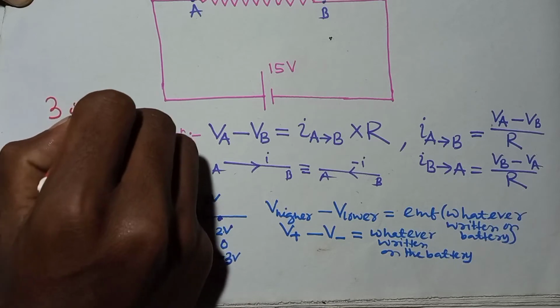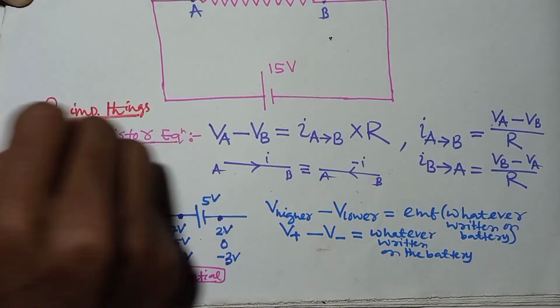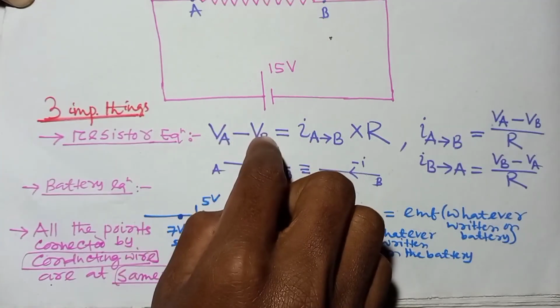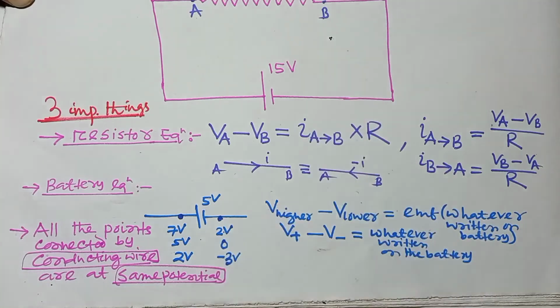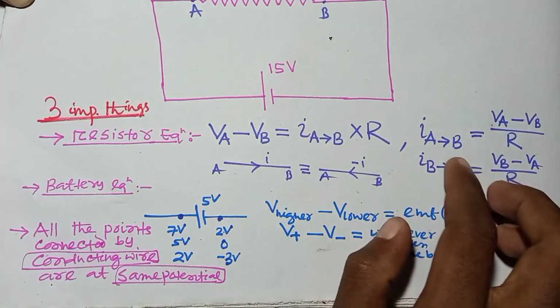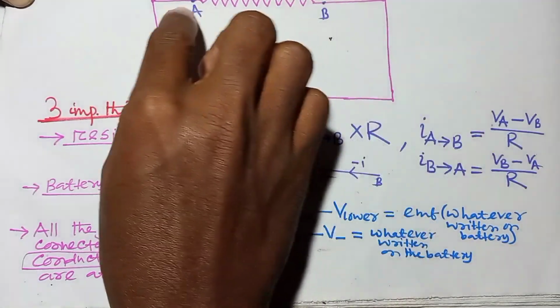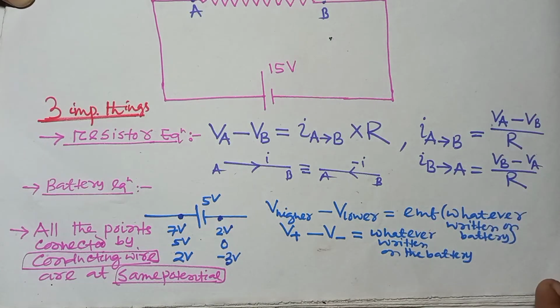These are 3 important things. Never forget these 3 things. This is the resistor equation, and it says that whenever you are writing Va minus Vb, you have to take the current flowing from A to B and multiply it by the resistance value. Similarly, if I want to find out the current from A to B terminal, I have to write Va minus Vb upon resistance value.